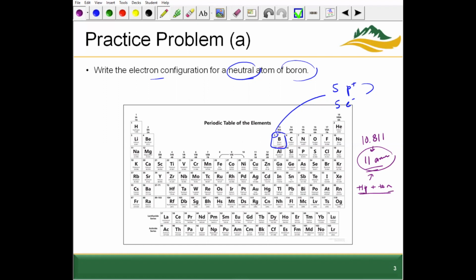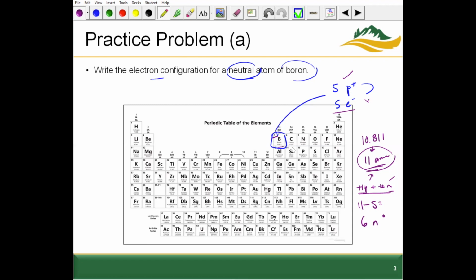The mass of electrons is essentially negligible, because the mass of electrons is so light compared to the mass of protons and neutrons. So with 11 AMU, there are 5 protons from the atomic number here. So 11 minus 5 must mean this has 6 neutrons.